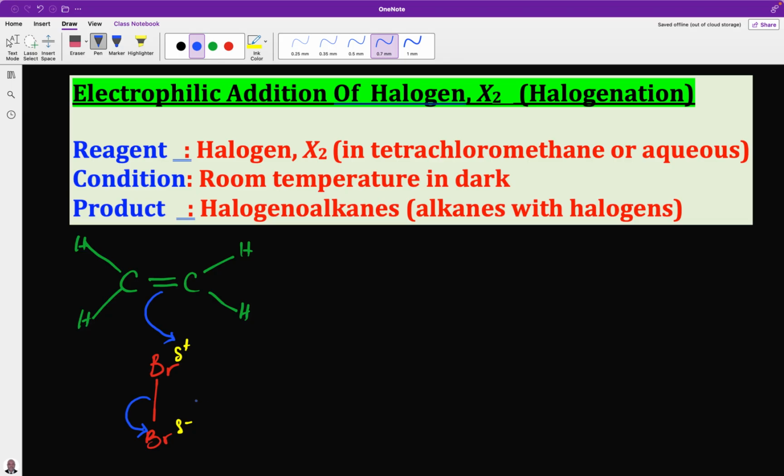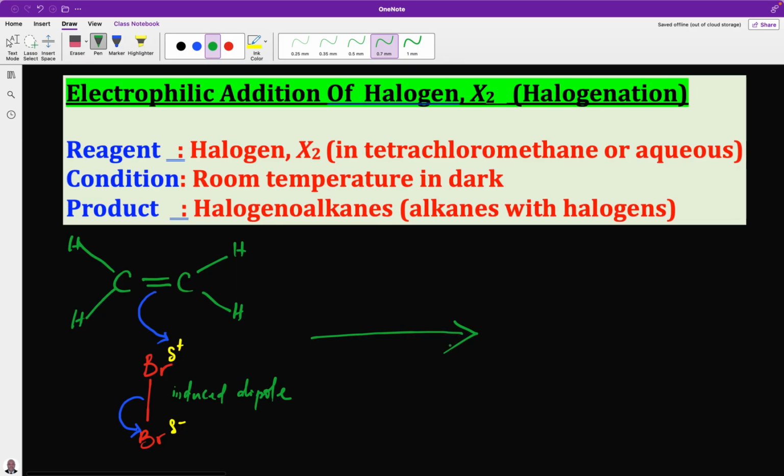So we can now say there is an induced dipole here. And the result is what? This is the result of this reaction.